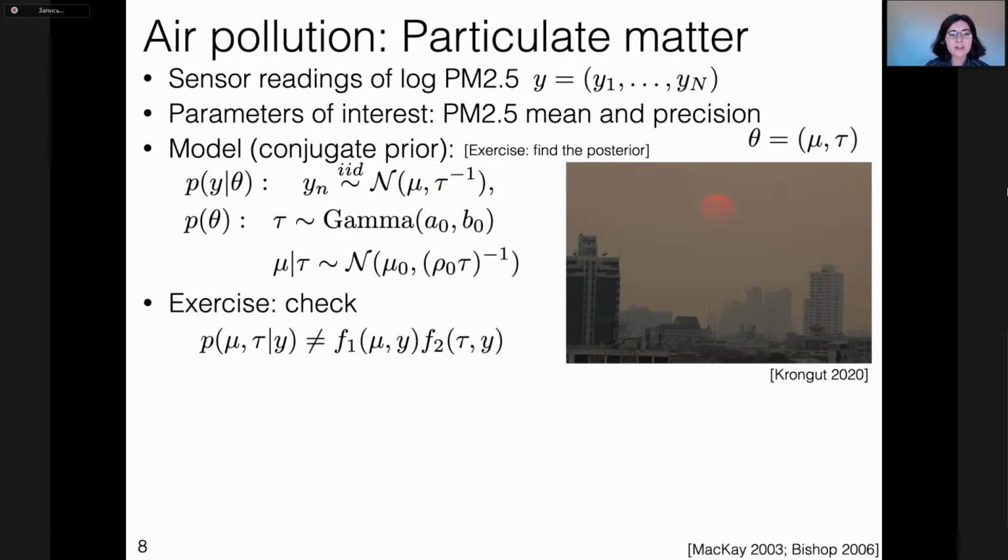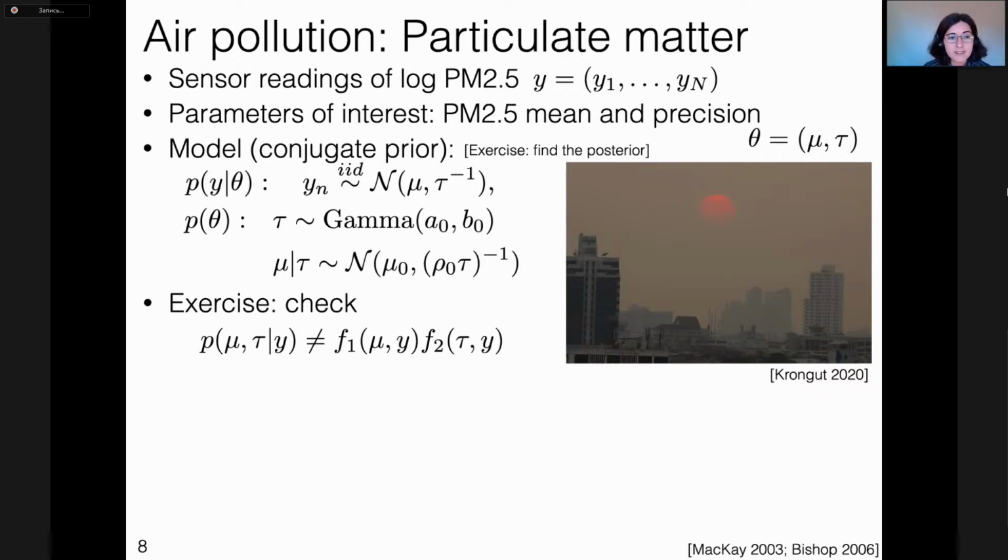Okay, so here is a really important exercise. If you do no other exercise, do this exercise. You should check for yourself that this model, the prior together with the likelihood, so here, the probability of mu and tau given y, that's exactly the joint, the prior times the likelihood. Or sorry, this is the posterior, but for the purposes of this exercise, it's the same as looking at the joint.